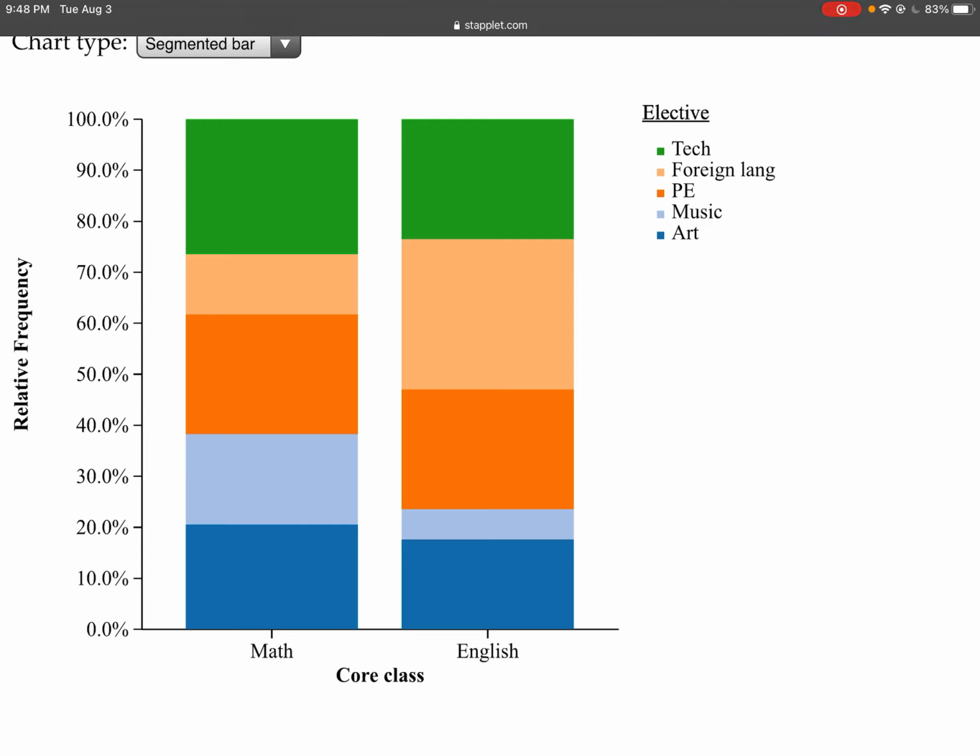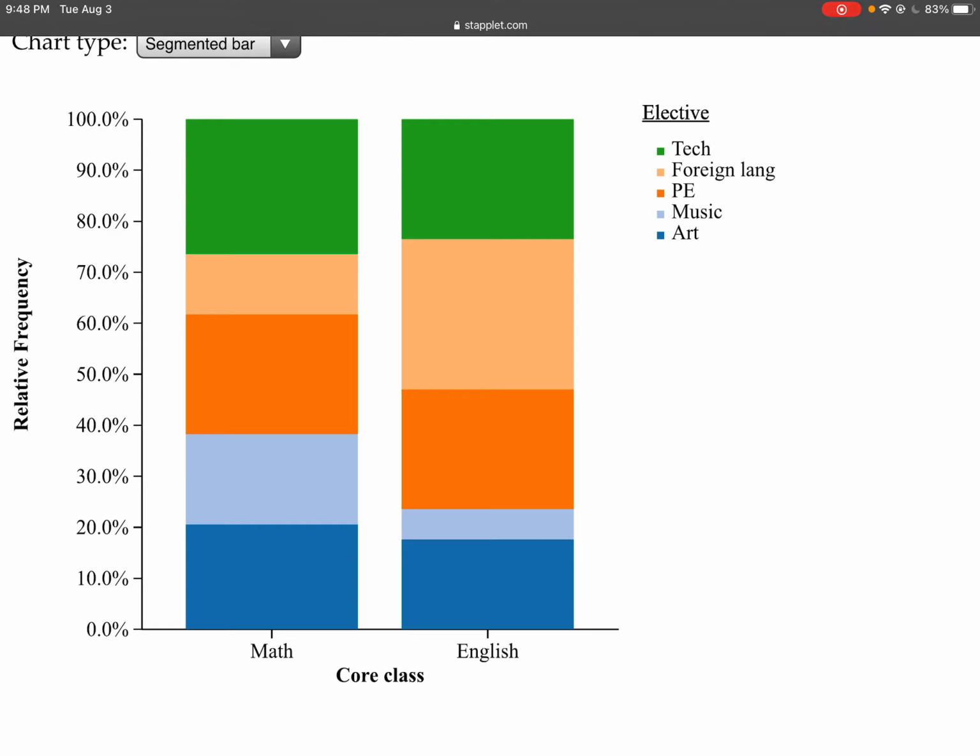A lot of the colors are roughly the same size when I compare the two rectangles, like the green segments are more or less the same size. The dark orange segments are about the same size, and the dark blue segments are about the same size. So I see that there are some similarities, but let's see if I can spot the differences.